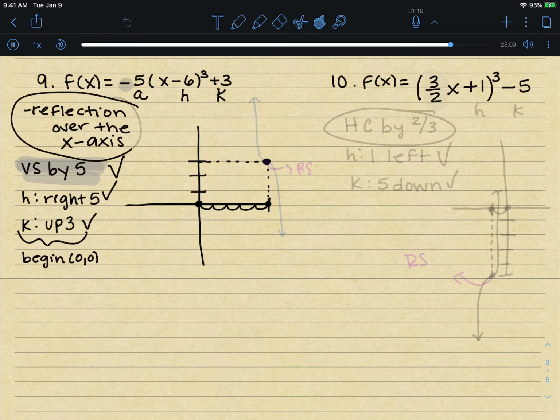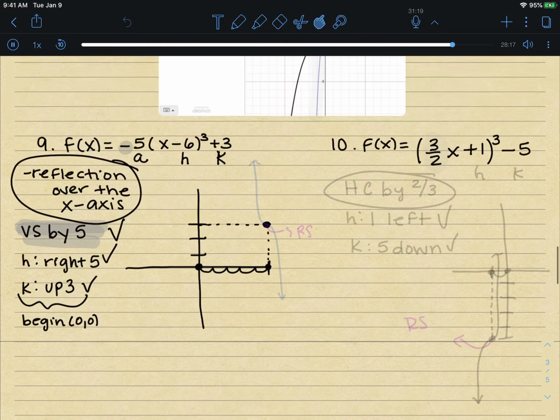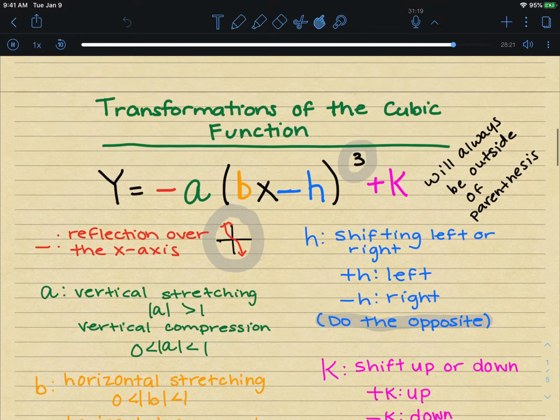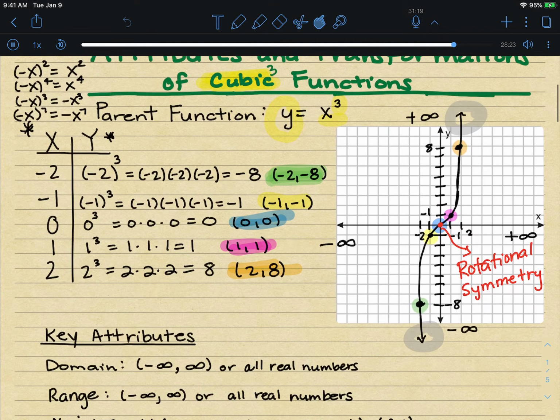But a reflection over the x-axis means that it's going to be the opposite of what we had up here. So instead of going like this, it's going to be the other half of the graph, which we said would go something like that.